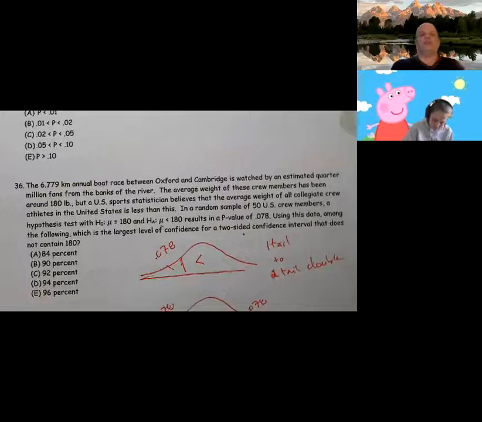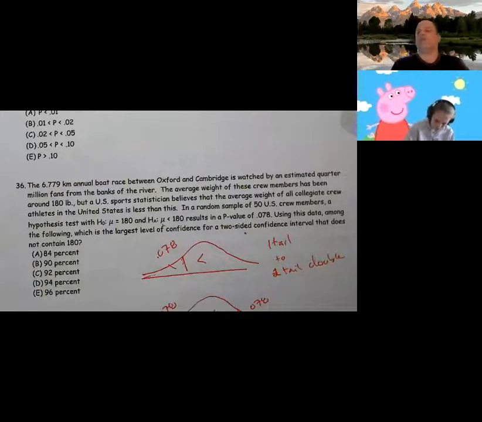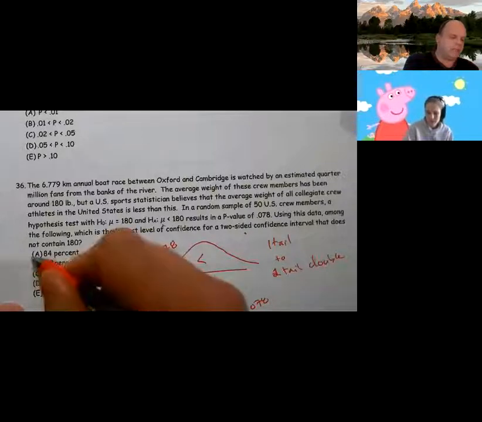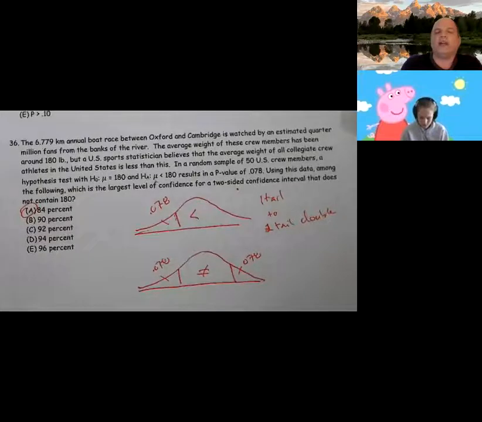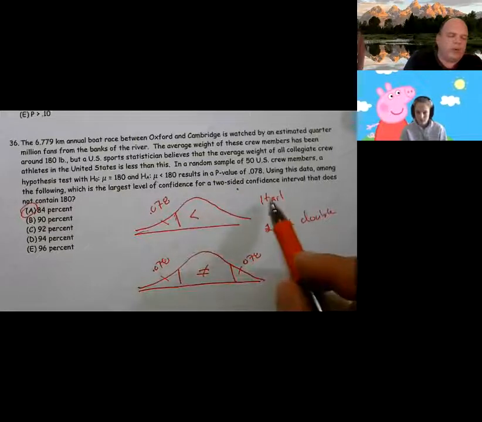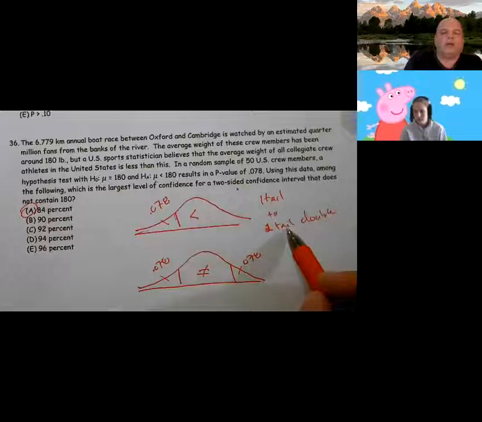So what is the largest level of confidence for a two-sided confidence interval that does not contain 180? That. Because when you go from one tail to two tail, you have to double. One tail to two tail, you double your p-value.